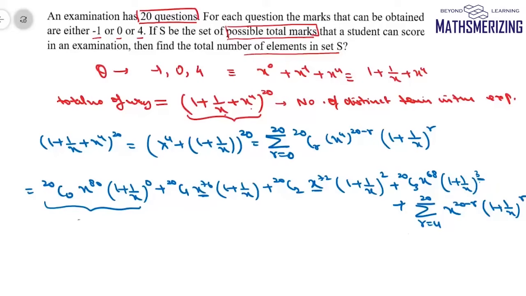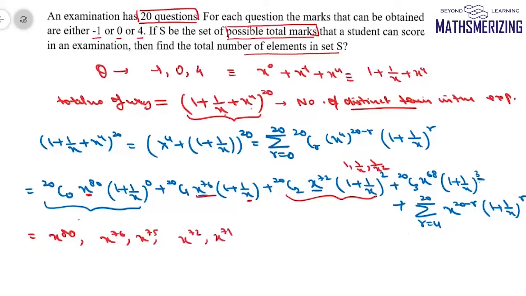What I'm interested in is the number of distinct terms. So I'll just count what powers of x will be present in this expansion. This expansion will have x to the power 80. Then here we'll have x to the power 76, and if I multiply it with 1 upon x, I'll get x to the power 75. Then from (1 plus 1 upon x) squared, we get 1 upon x and 1 upon x square, so here I'll get x to the power 72, x to the power 71, x to the power 70.